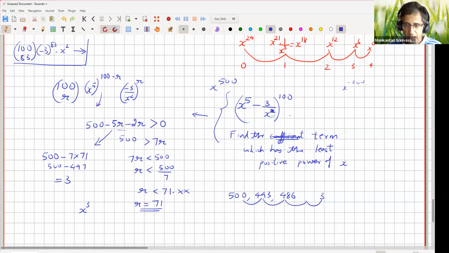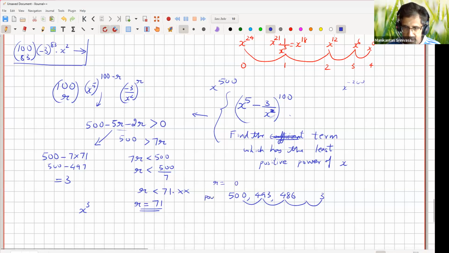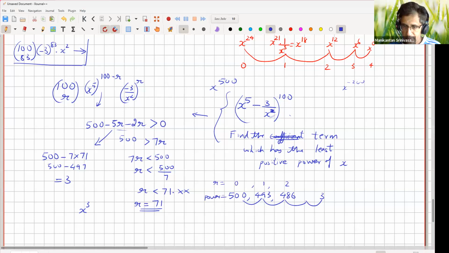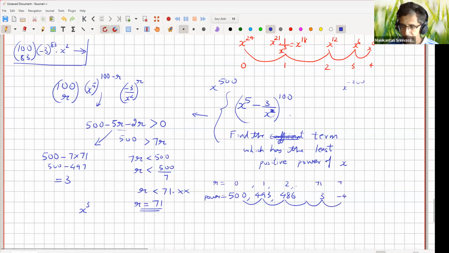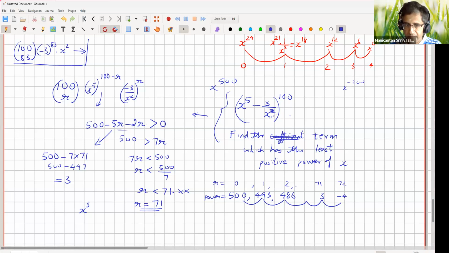This will be the r equal to 0th term. This is r, and this is the power of x. So this will be the first term, second term, starting from 0th term, and this will be the 71st term where the power will be x power 3. And the next one after that will go to -4 because the power keeps decreasing by 7.